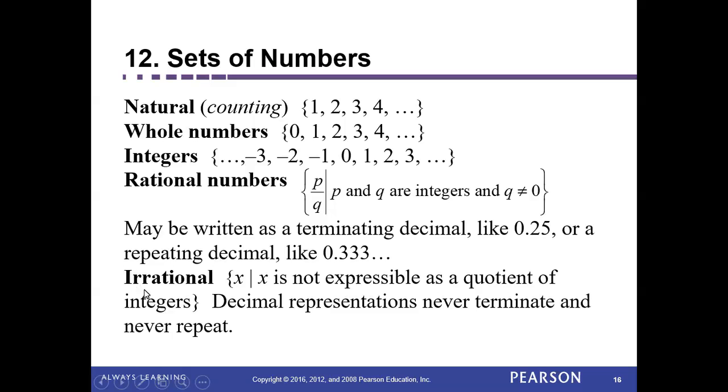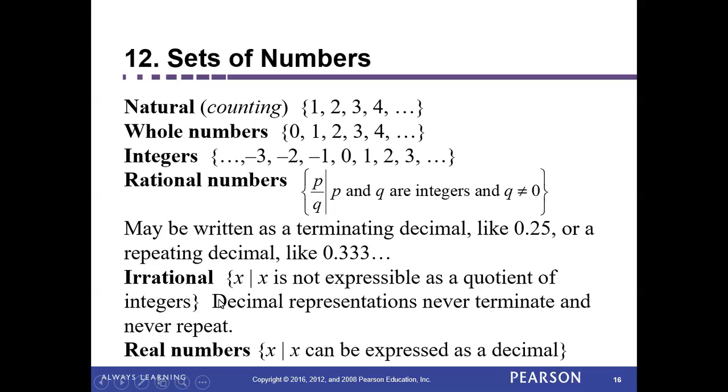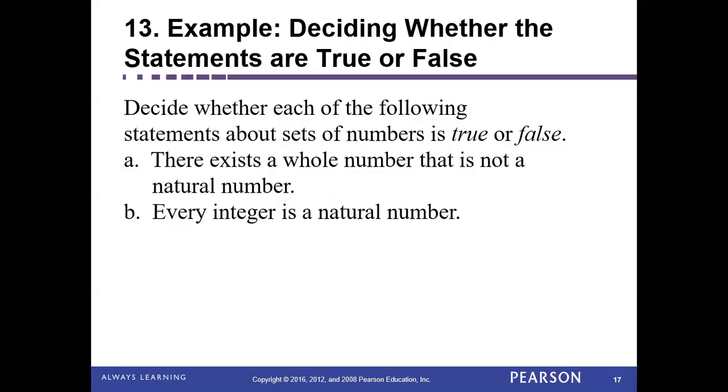Pi is irrational, 3.14159, it goes on and on and on. And then real numbers are all these other numbers put together. Real numbers are everything. The only thing that is not a real number is imaginary numbers that have i in them, imaginary or complex numbers.